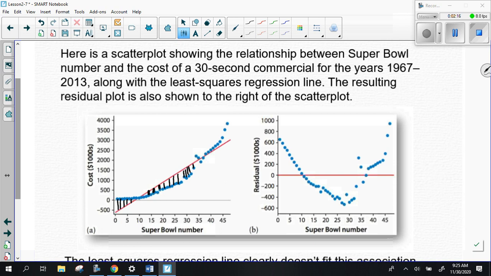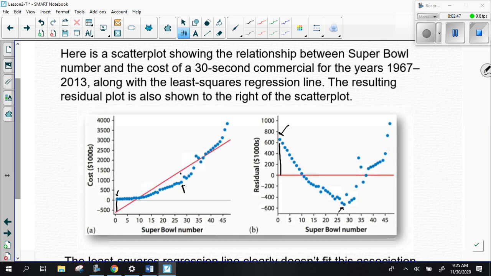So you can see this point right here, this endpoint right there. It is very far above my least squares regression line, and that is the same point, really far above my least squares regression line over here.